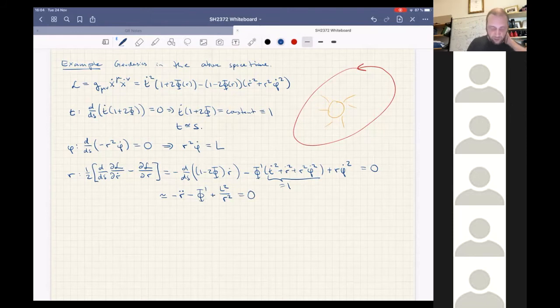If we just solve here for the second derivative of r, we have that this is minus phi prime plus L squared over r cubed. So this is the standard Newtonian expression for motion in a central potential.